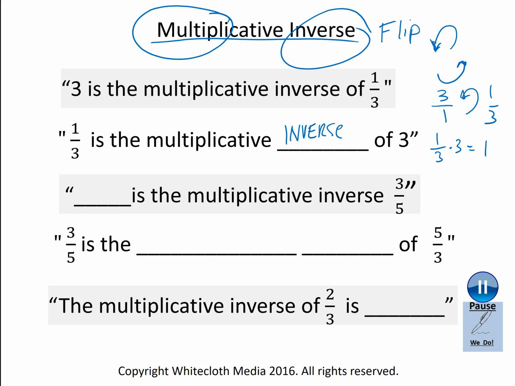Blank is a multiplicative inverse of 3/5. Well, if I take 3/5 and just flip it over, I get 5/3. And just the inverse, 3/5 is the multiplicative inverse of 5/3.